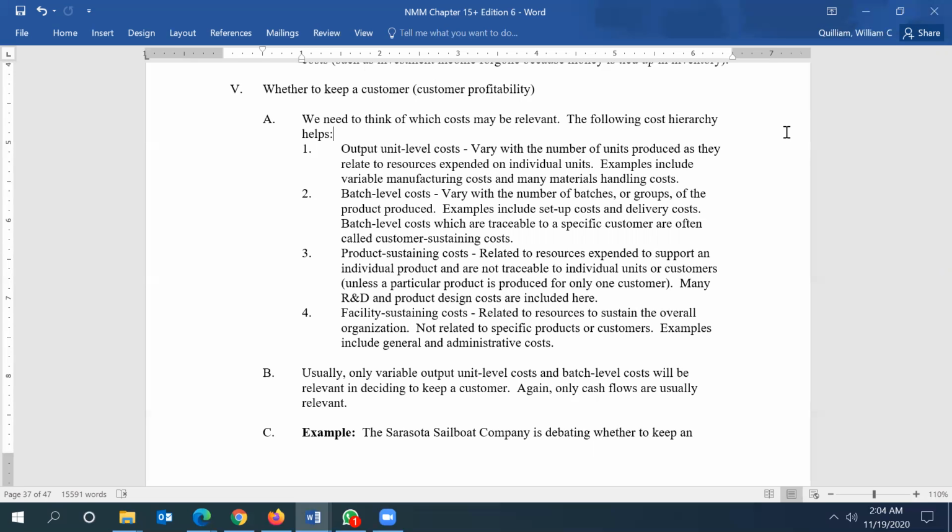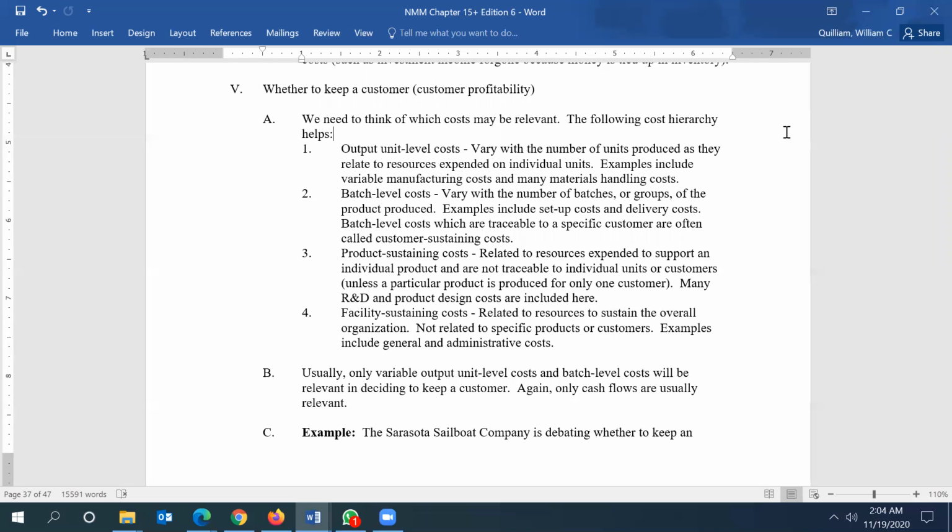Then number two, batch level costs, if we bump up a notch. They vary with the number of batches or groups of the product produced. Examples include setup costs and delivery costs. For example, Refresco, if they were to produce soft drinks for another store, they would have to retool their assembly line as they switch from Publix brand to the other brand.